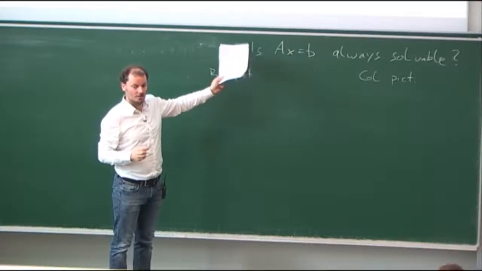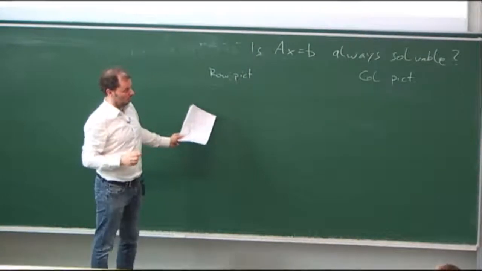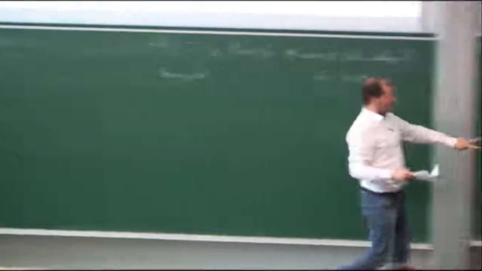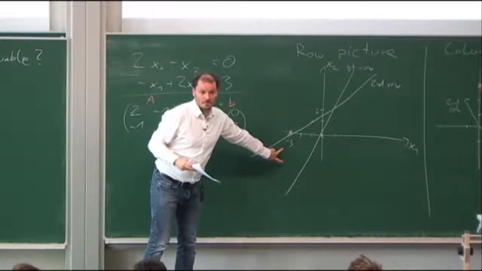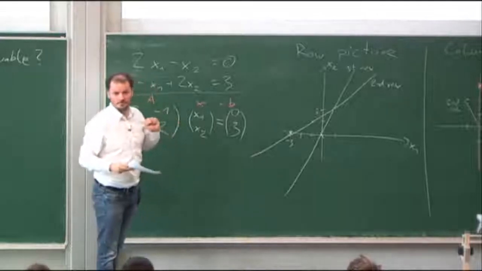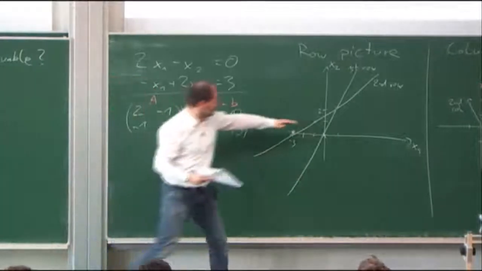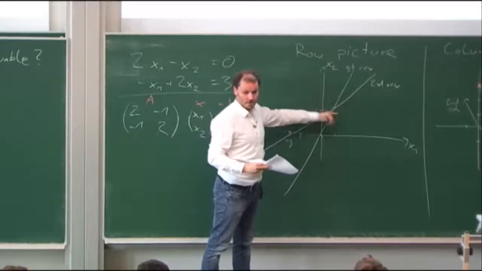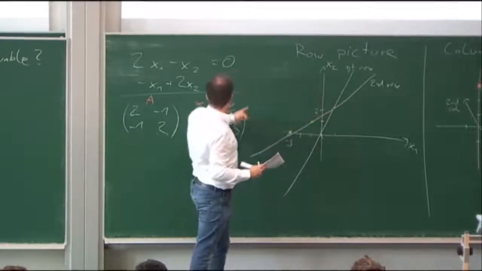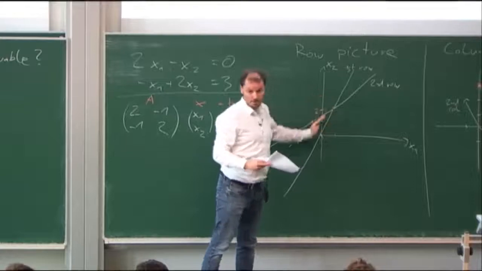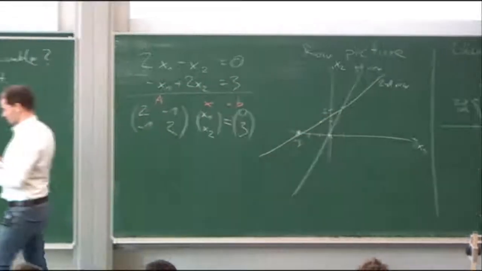Okay, can anybody give me a reason in the row picture what could happen with these 2 lines so that Ax equals b is not solvable? Yes? Yeah, if the lines are parallel, then there's no point where the lines cross, right? So there's no point that fulfills both, that lies on both lines.